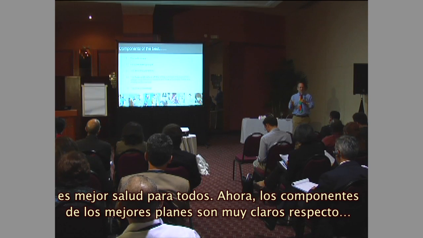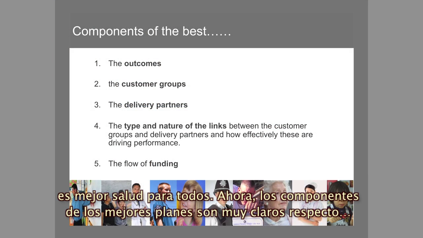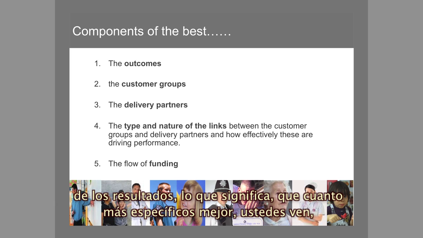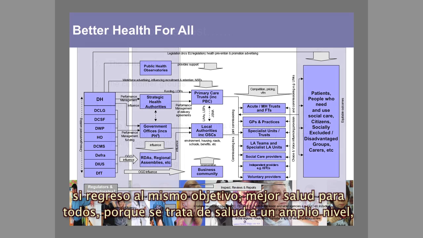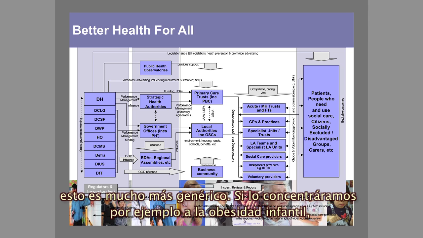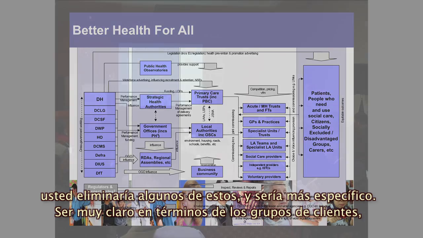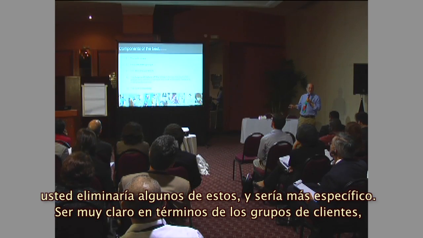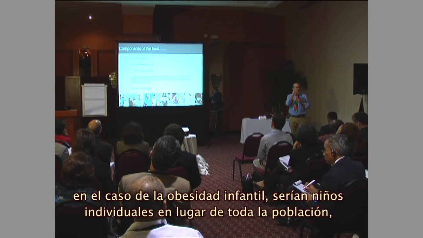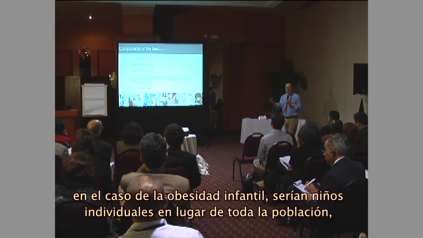Now, the components of the best plans are being very clear about the outcomes, what it is, and the more specific, the better. You will see if I go back, better health for all, because it's health across a broad range, becomes much more generic. If you actually broke that down to childhood obesity, you would eliminate some of these and be more specific. Be very clear in terms of the customer groups, childhood obesity being individual children as opposed to the population as a whole.